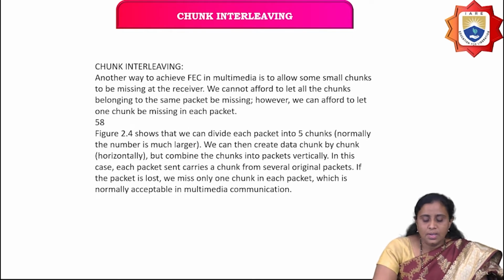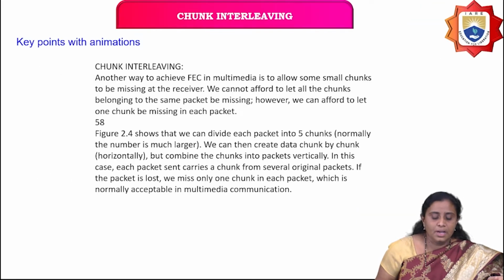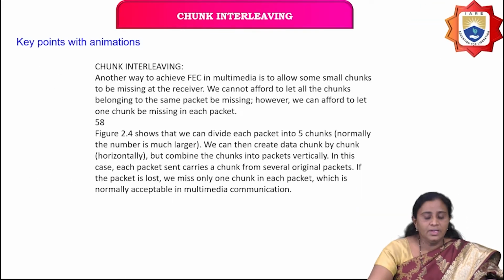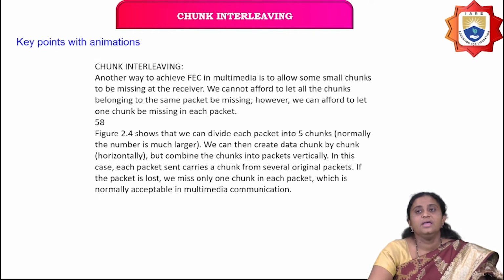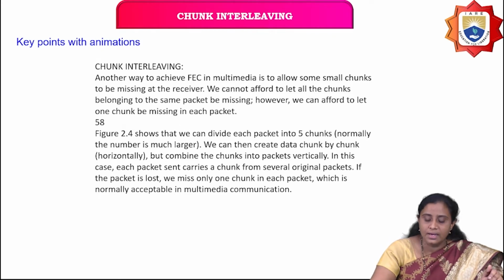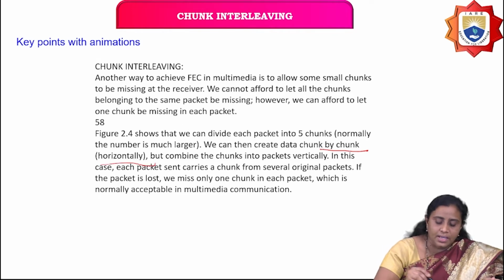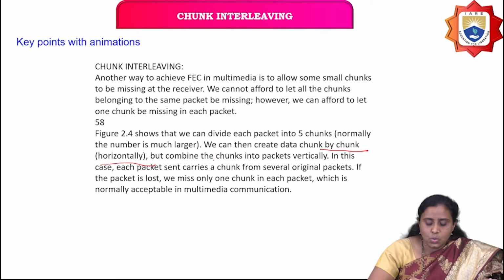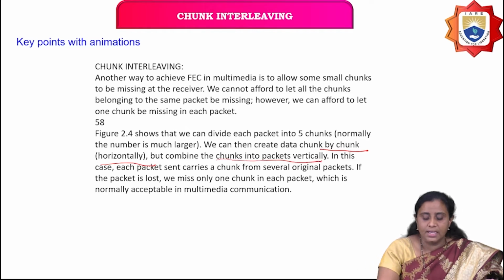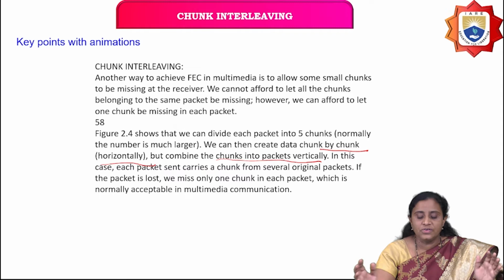So let us show in the coming example how it works. The figure given below shows how each packet is divided into 5 chunks. Normally, the number is much larger. We can then create data chunks by dividing the original chunks in a horizontal way, but combining the chunks into packets vertically.